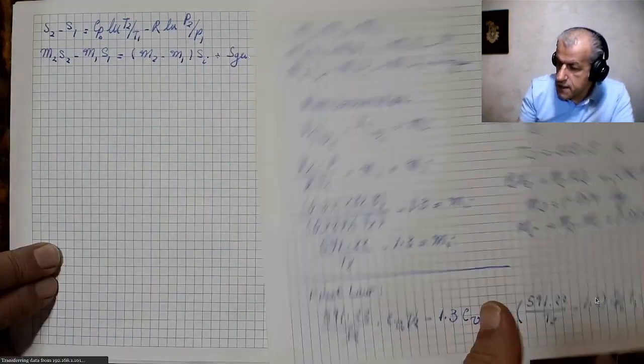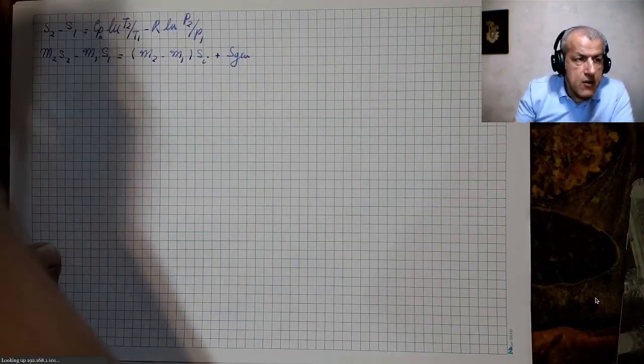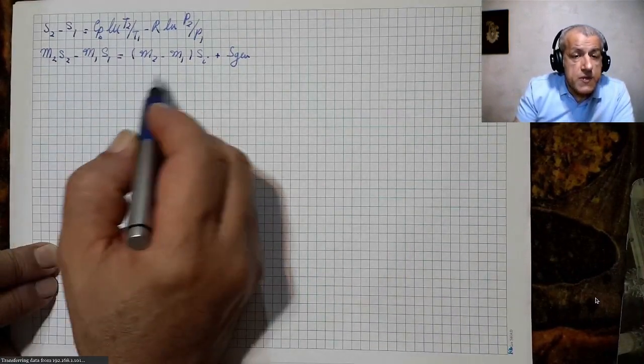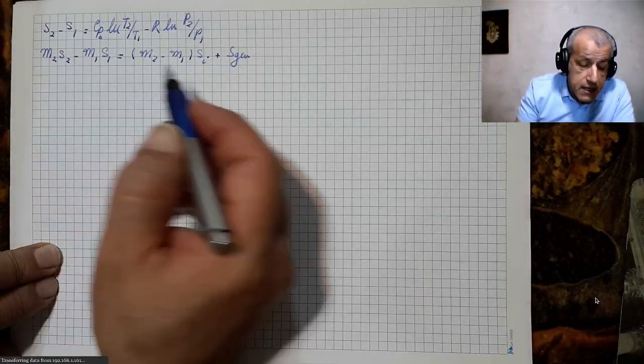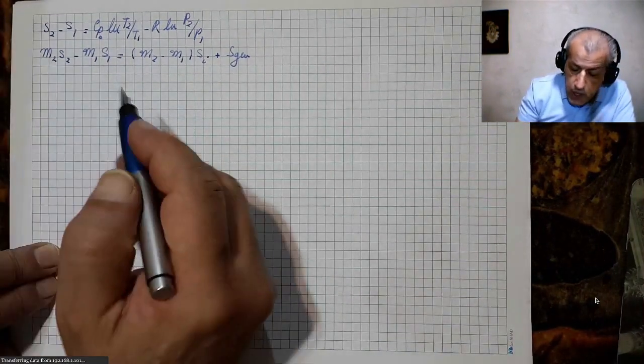So this is a very good form for this equation, since we have four entropy terms, and therefore we could simplify it in this way.